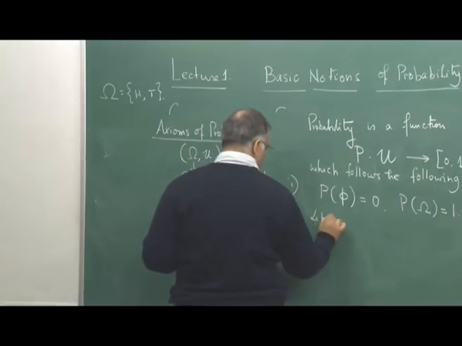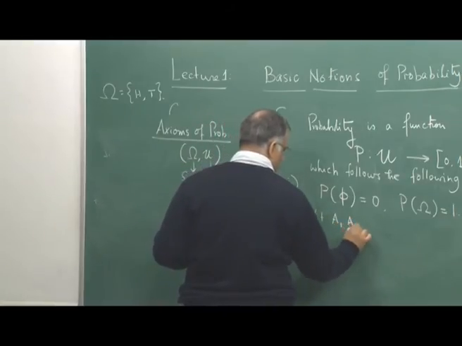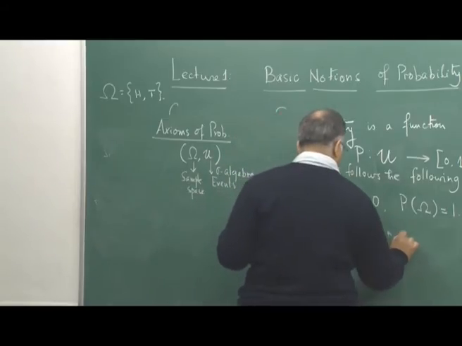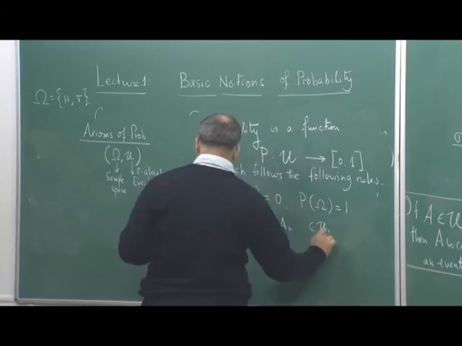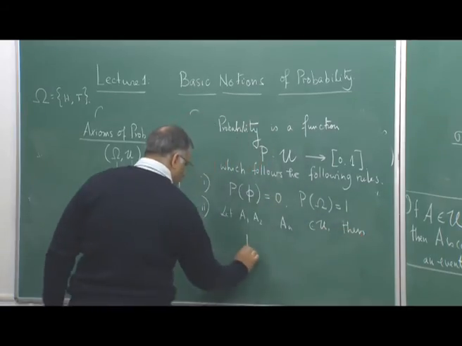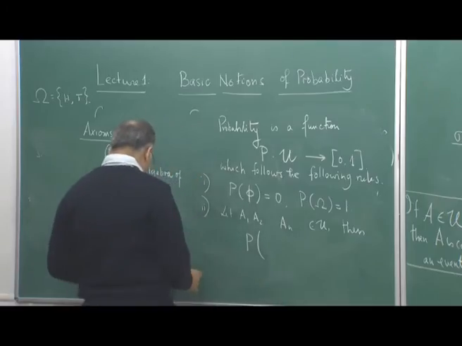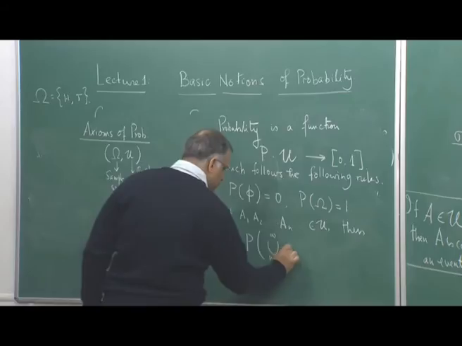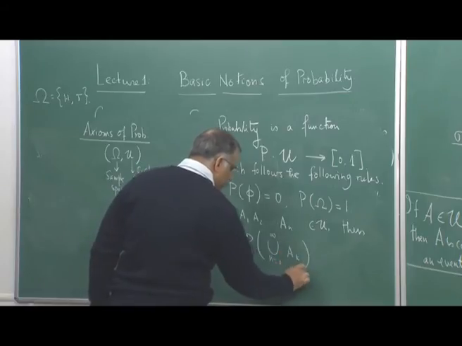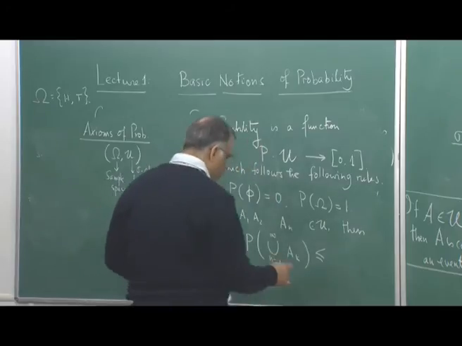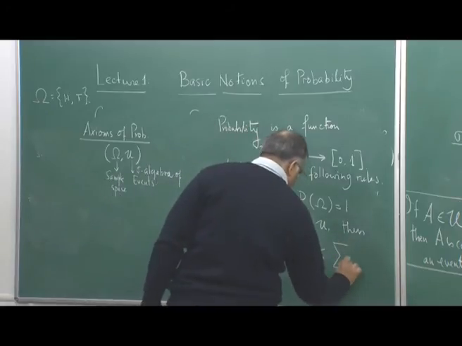Let these all be elements of U, then the probability of the union. We are just putting this additionally; we need not put it, we can actually prove this fact, but forget it.